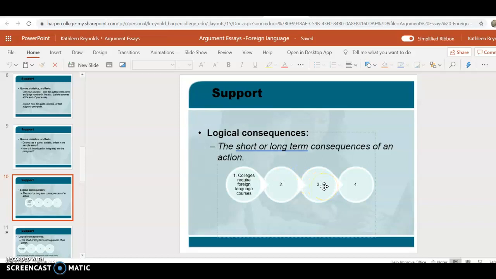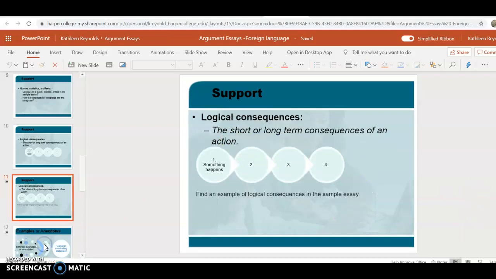As a result, students start to do badly in all of their classes just because they have to focus so much energy on studying a language. As a result, students can even start to fail out of school because of taking foreign language classes. So that's just a reminder that you need to go step by step through any process that you describe, okay?